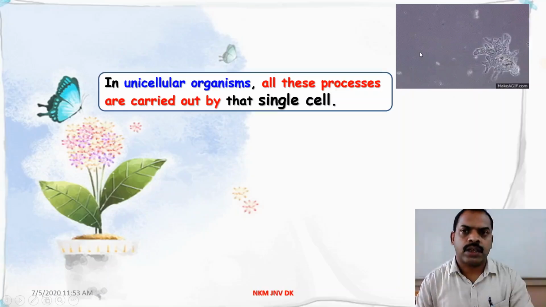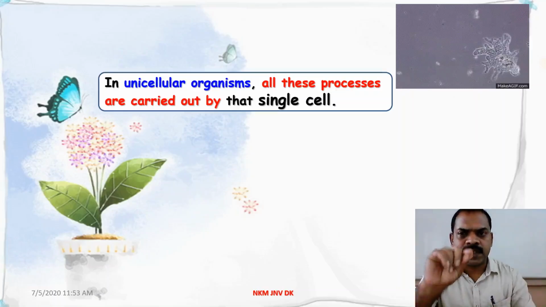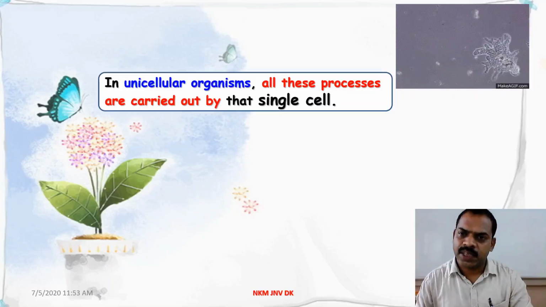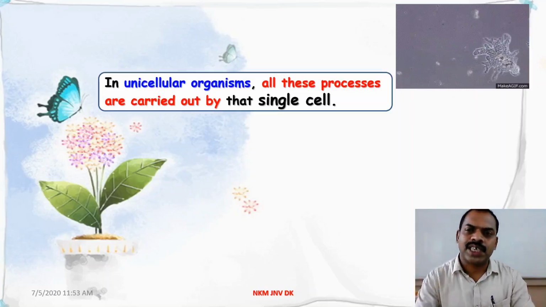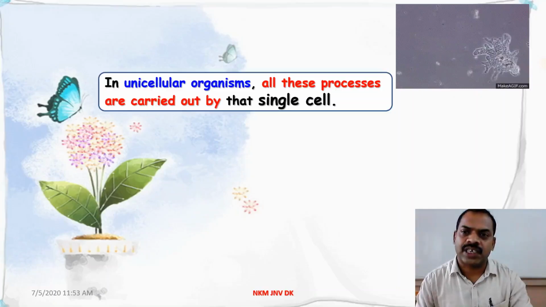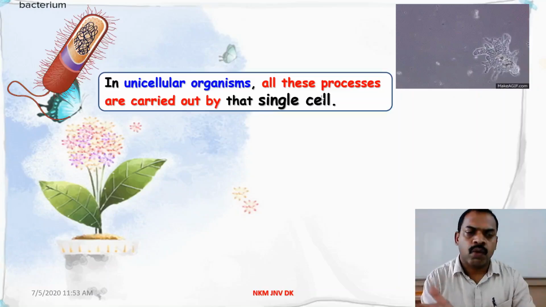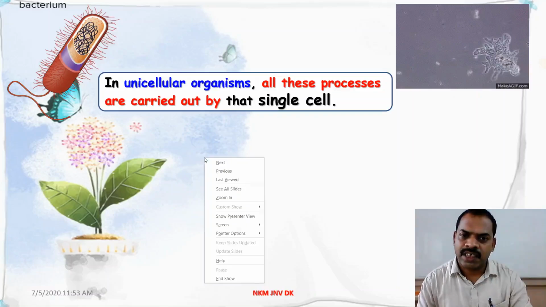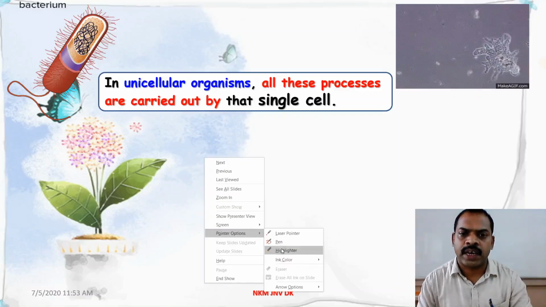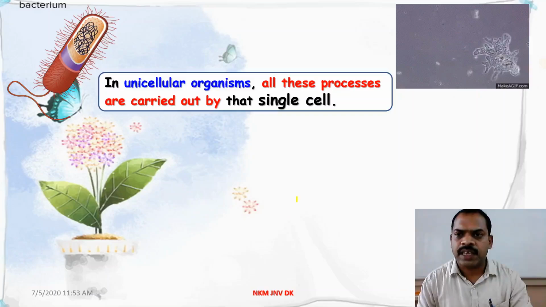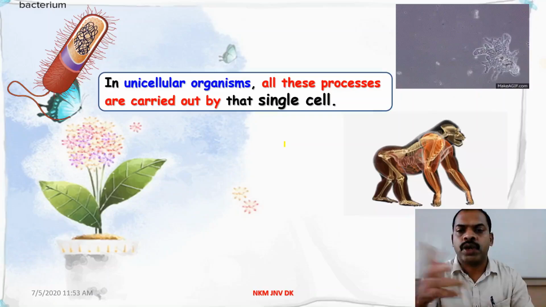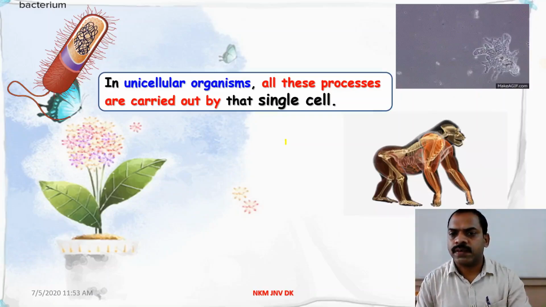They do nutrition, respiration, circulation and excretion. Who will do this for them? Who will do this for this bacterium? The single cell, the one and only cell present in them, will do all the activities for them. But what about higher animals?